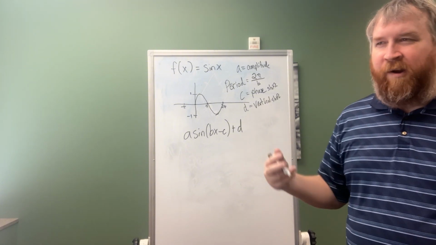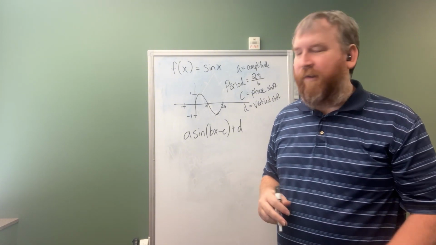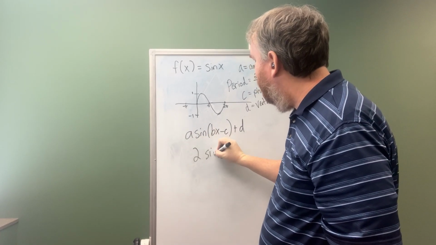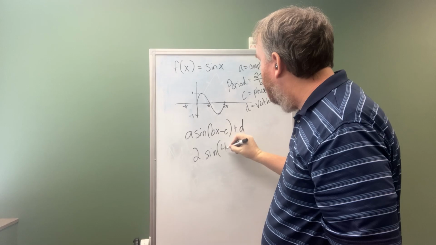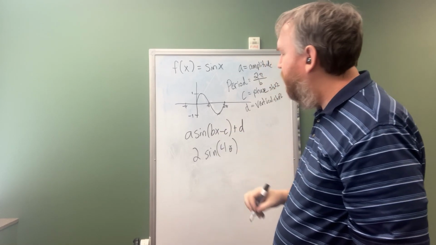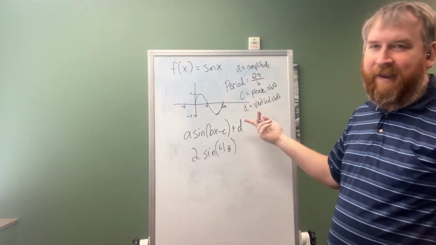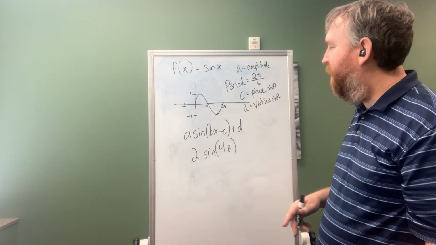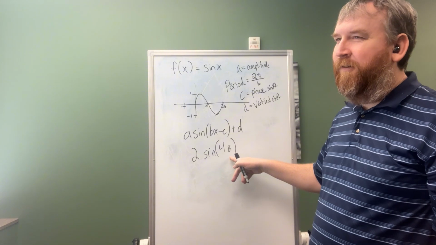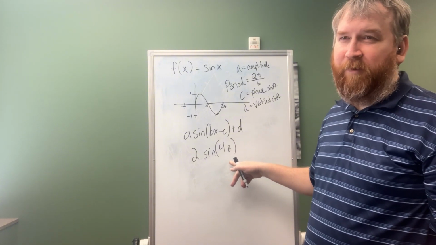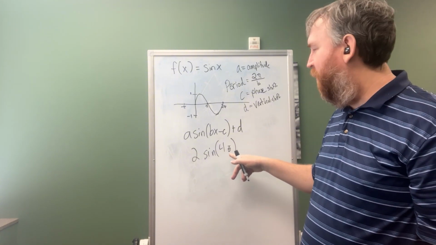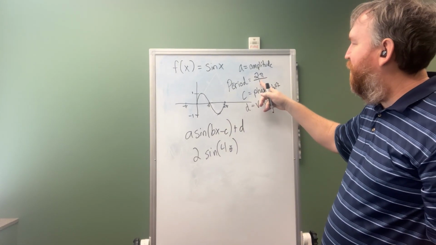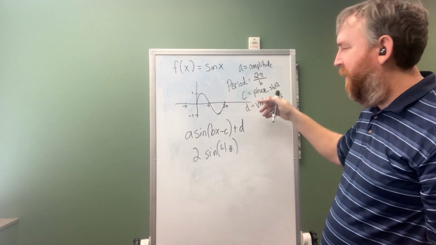For this particular problem, it's giving us 2 sine of 4 theta. And again, x, theta, they're both just different variables. So what we need to pay attention to is the coefficient in front of the variable. Our coefficient here is 4. And we're going to plug that back into this formula for period to get a new period.